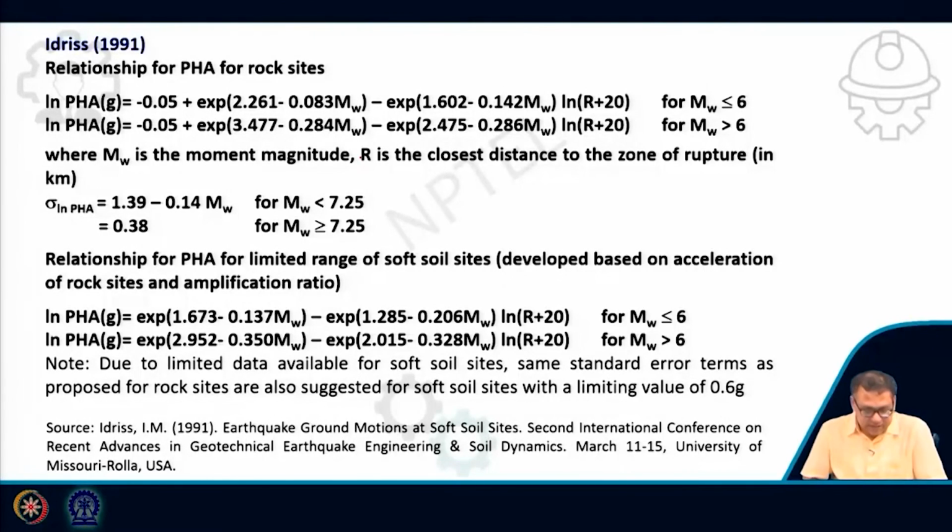It is mentioned that due to the limited data available for soft soil site, the same standard deviation terms as proposed for rock site are also suggested for soft soil site, within a limiting value of 0.6 G. That means it cannot exceed 0.6 G, but you can use the standard deviation of the rock site. The sources from which these expressions are taken are given.